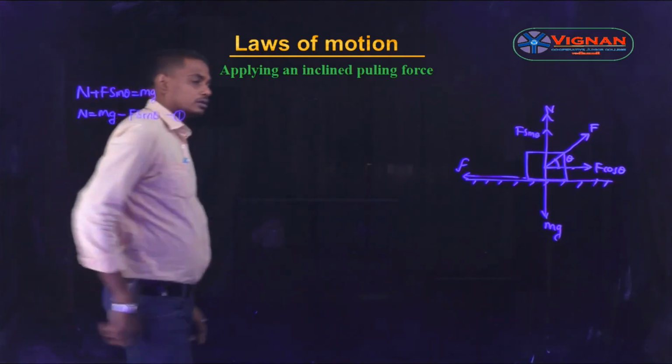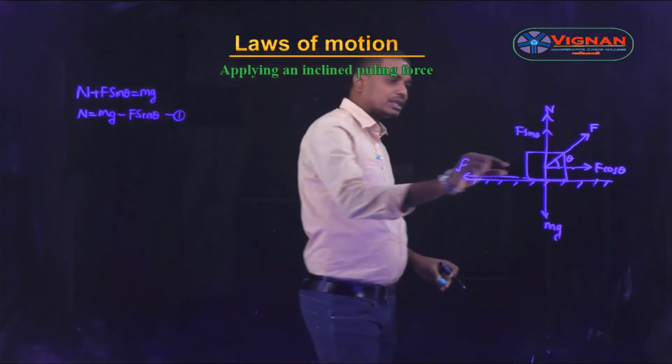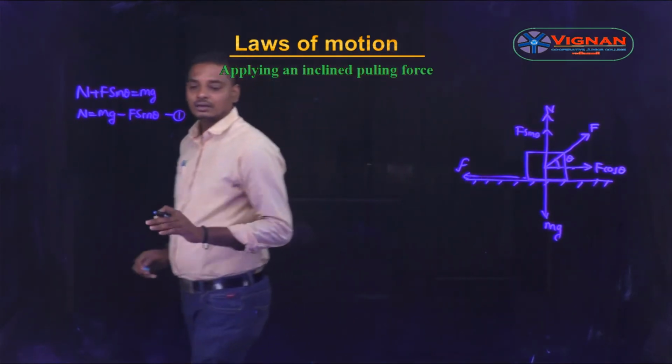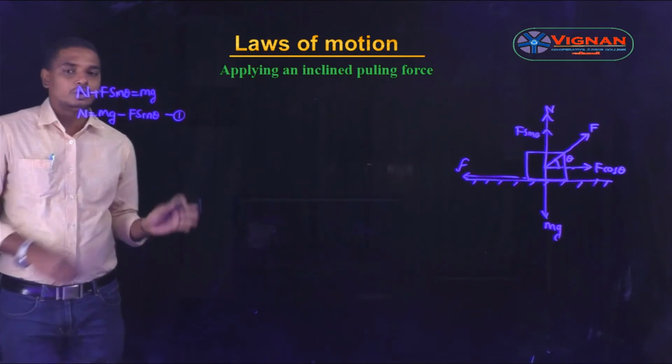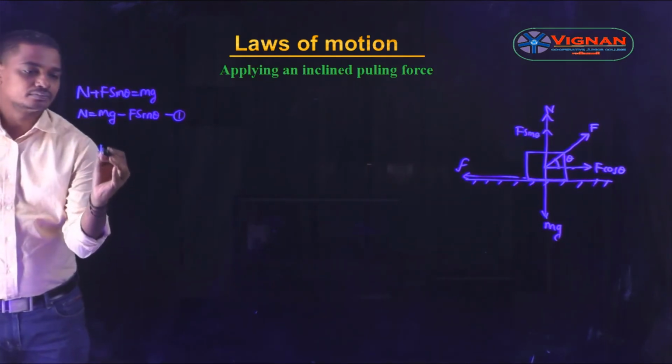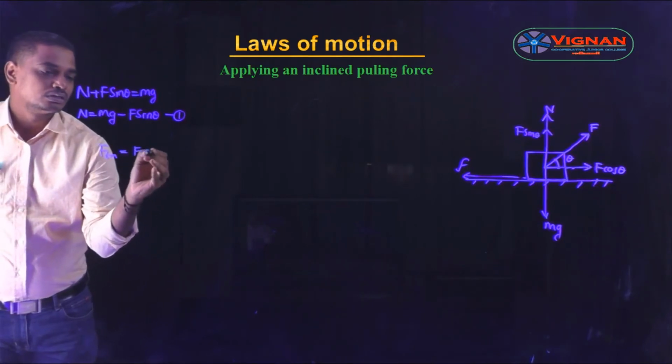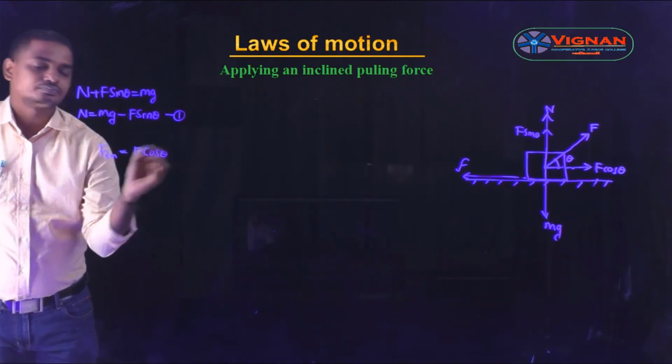Now this F cos theta is responsible for moving the body. So the net force that tends to move the body is equal to F cos theta.